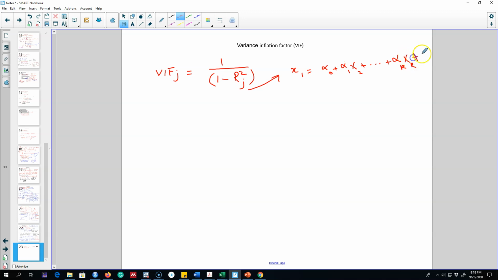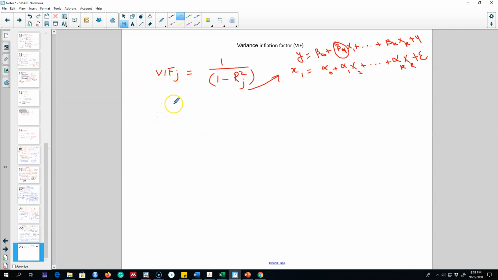It is not the same r squared that we get from this equation. And again, here our variable of interest is x1, and we are interested in knowing this beta 1 coefficient. So we want to know what is the variance inflation factor for x1. And in order to do that, we will regress x1 on other variables and then get this variance inflation factor.